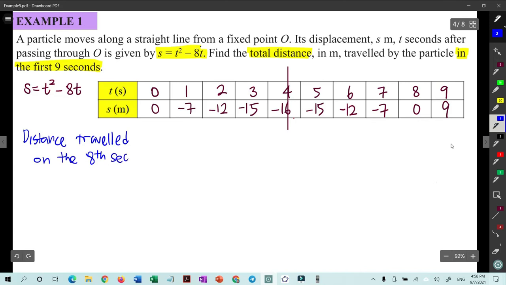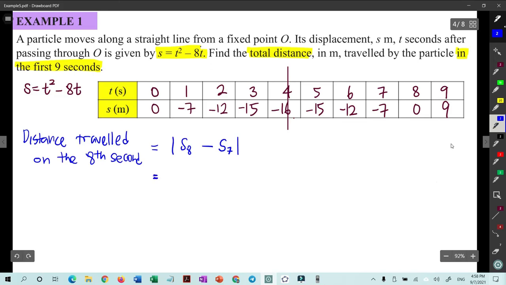The answer is we take the displacement of the particle on the 8th second, and then we minus the displacement of the particle on the 7th second, and we put a modulus.